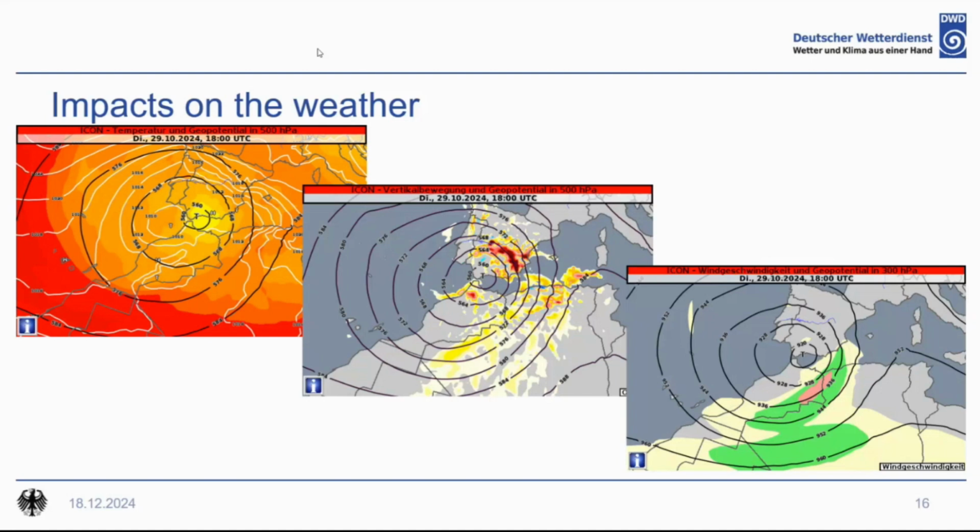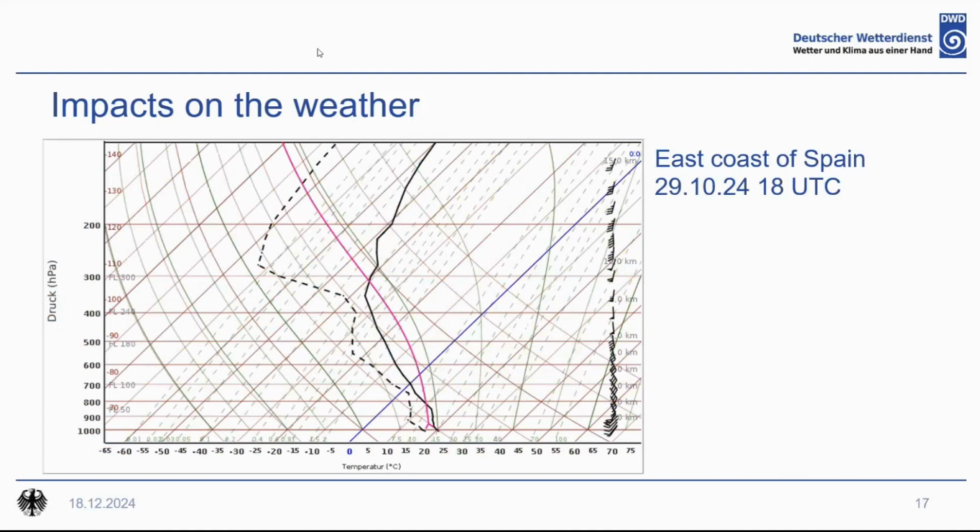There is also a sounding on the next slide for the 29th of October at 18 UTC, which is from our ICON model. And you can see that the instability has slightly decreased over the day, but is still there. So thunderstorms are still possible.